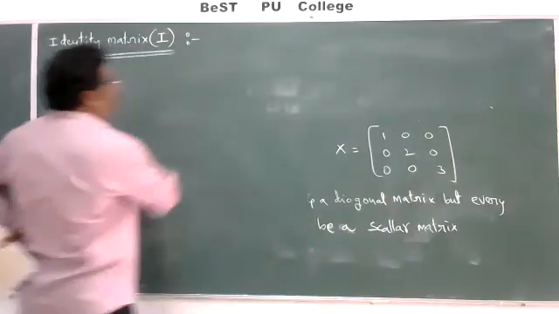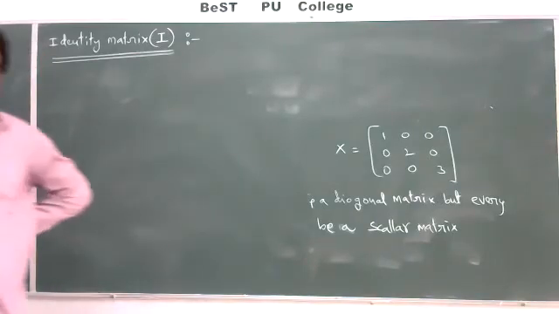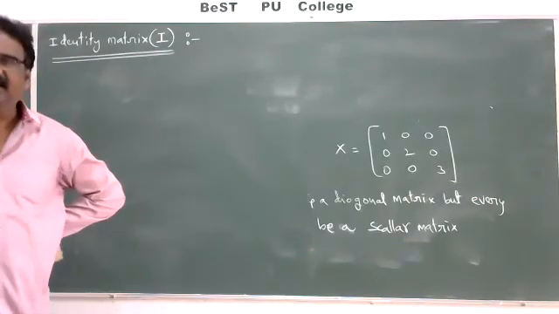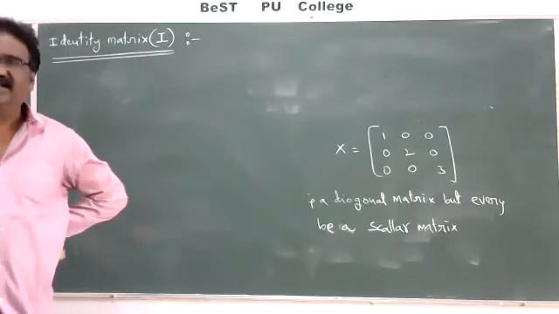In a square matrix, all elements are zeros except the principal diagonal elements, and the principal diagonal elements are equal to 1.